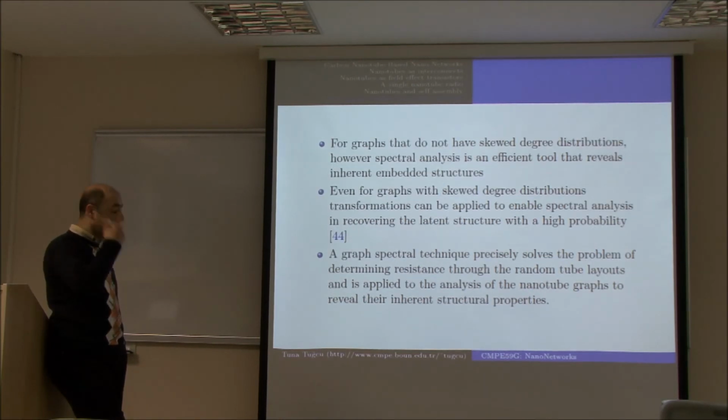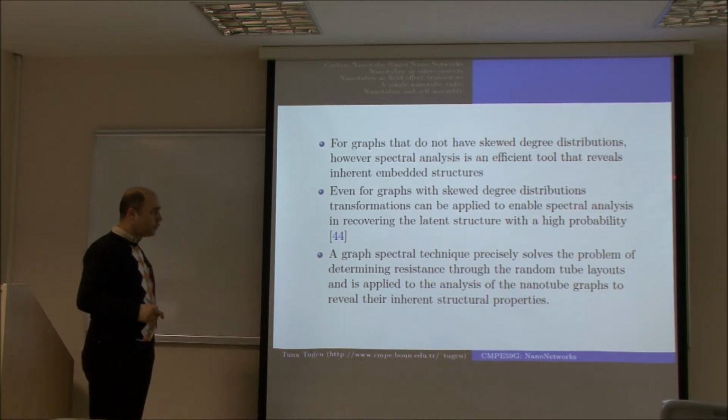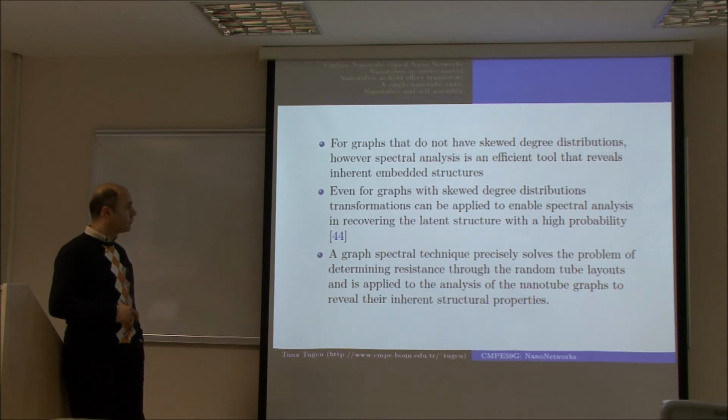But if you have such skewed graphs, then spectral analysis is an efficient tool that will reveal inherent embedded structures within the graph. And even for graphs with such skewed degree distributions, you can apply transformations to get rid of that skewness so that spectral analysis can still be used.